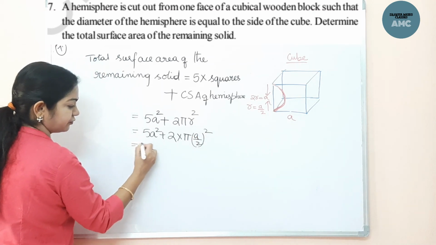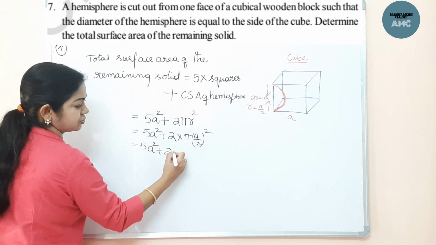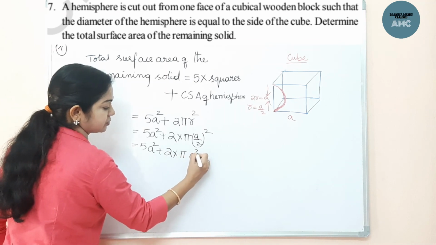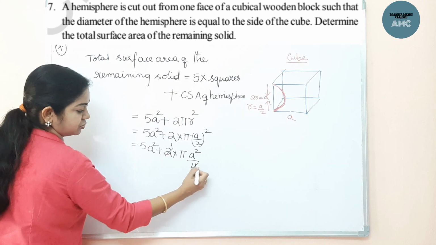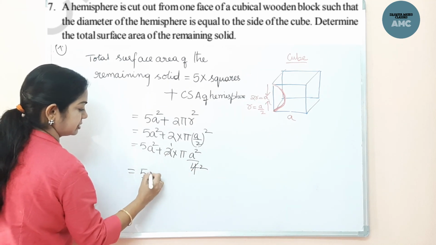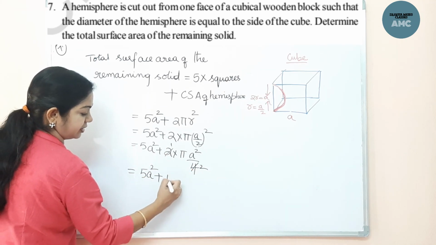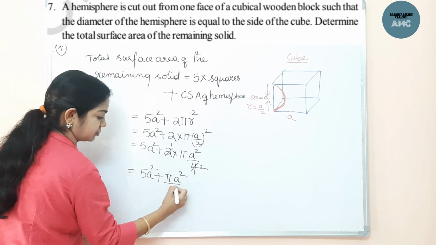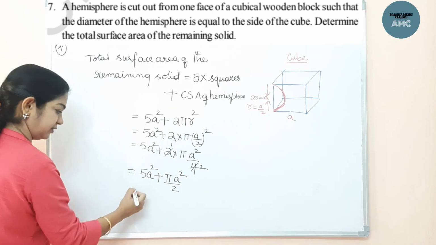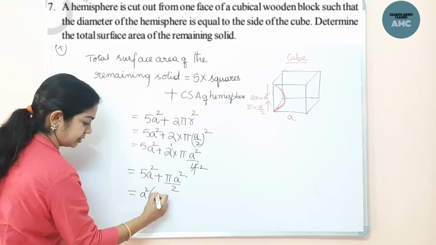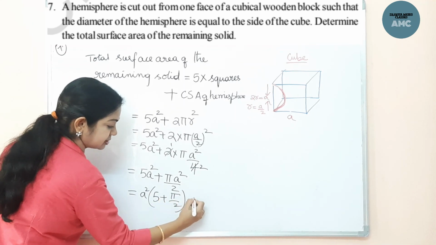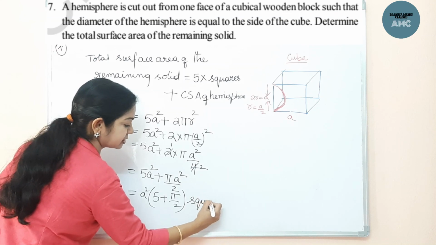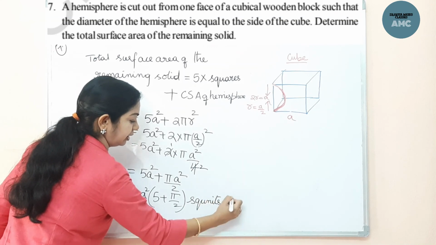So this comes to 5a square plus 2 into pi into a square by 4. Squaring, 2 once, 2 twice. So this is the total surface area, by 2. If you take a square outside, this comes to 5 plus pi by 2, a square units, since it is the area.